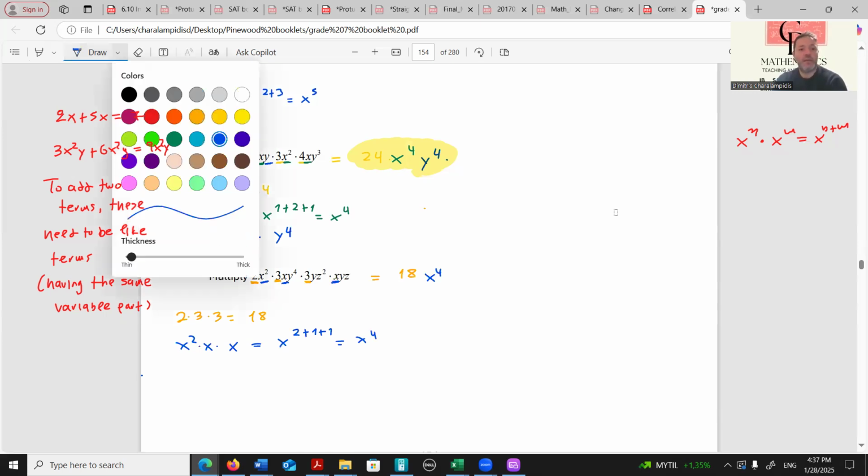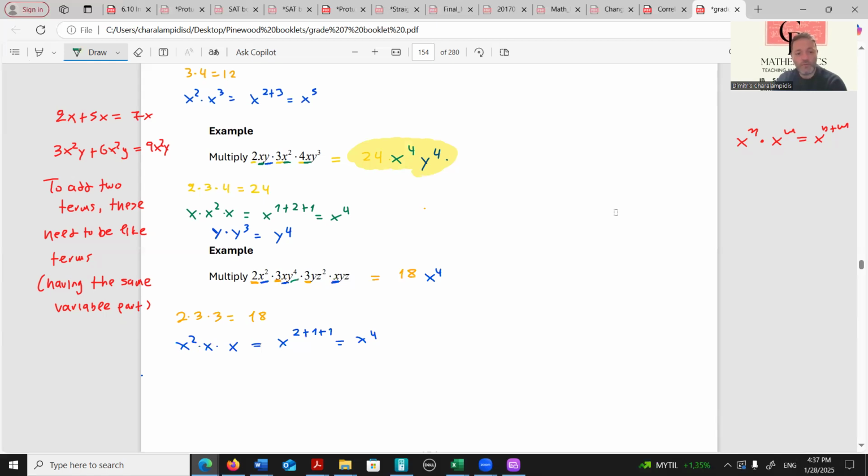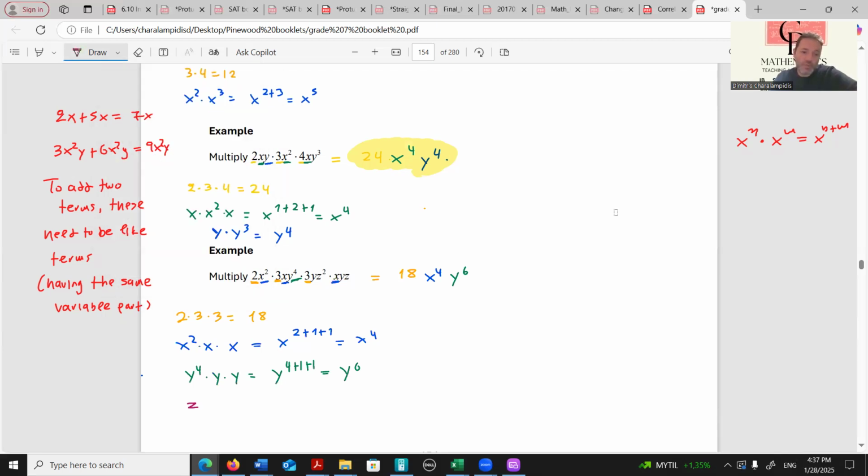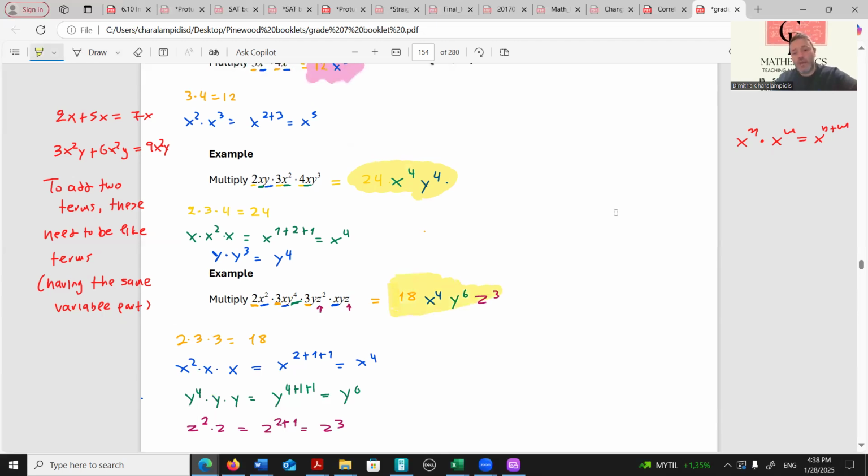Then we should be multiplying the y's together. Y to the power of 4 multiplied by y, multiplied by y, so y to the 4 plus 1 plus 1, it should be y to the power of 6. And then we have an extra variable here as well, so we need to consider that. We have z, so z squared times z, it should be z to the 2 plus 1, it's z cubed. So that would have been the answer to this question: 18, x to the power 4, y to the power of 6, z cubed.